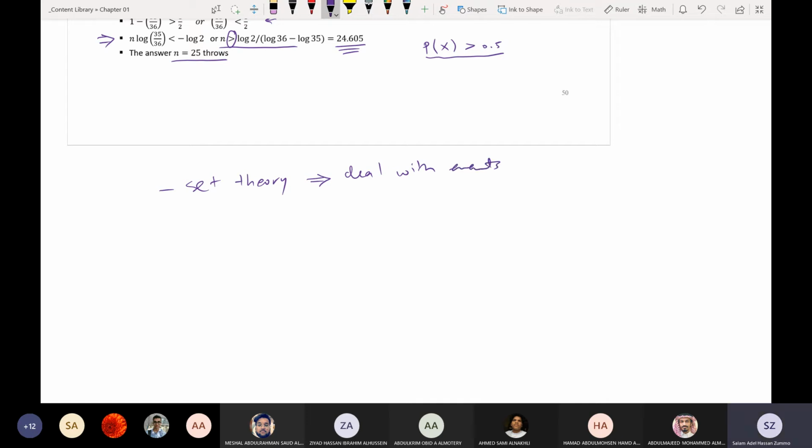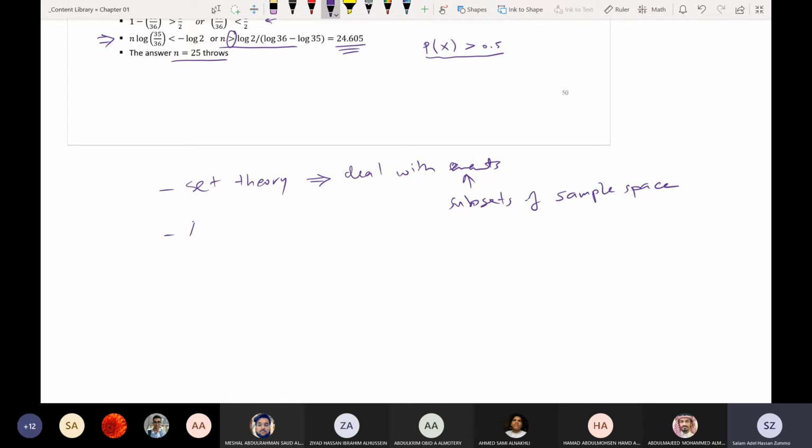Because at the end, events are subsets of the sample space. And because of that, we needed the set theory to understand how to deal with the events.